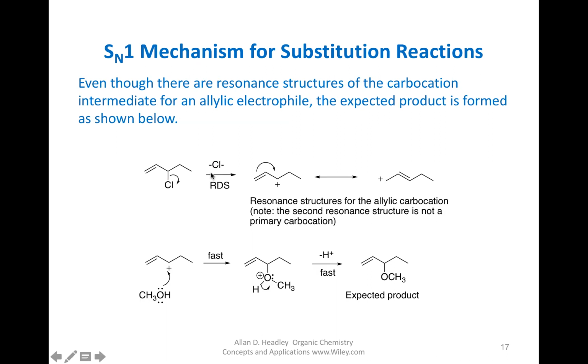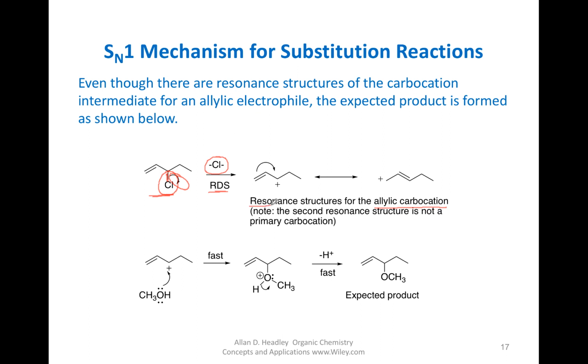Let's see. So in the first step, this bond breaks, the leaving group leaves, taking its bonding electron as indicated with that arrow to give Cl minus in the rate determining step. This is our carbocation. But it's a special carbocation because it's an allylic carbocation, adjacent to a carbon-carbon double bond.